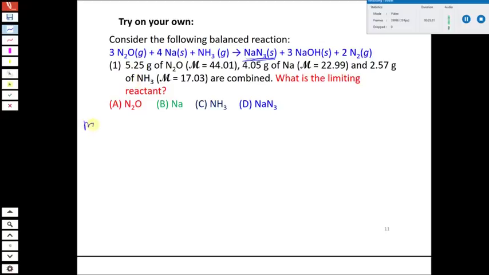So for each reactant, we're going to calculate moles. So N2O, we have 5.25 grams. And we use this molar mass to find moles of N2O, which is 44.01.